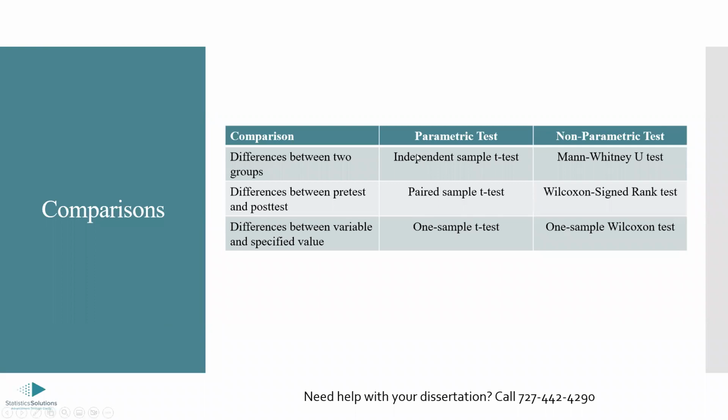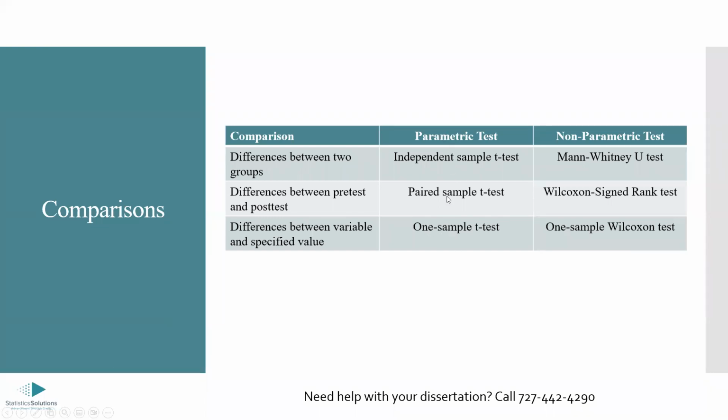If you're doing an independent sample t-test, that means you're comparing a variable and a value between 2 groups. If you're looking at differences over time, a pre-test and a post-test, then you need to do most likely a paired sample t-test. And if you're comparing one numeric variable in your spreadsheet to a specified value, then you do a 1 sample t-test.